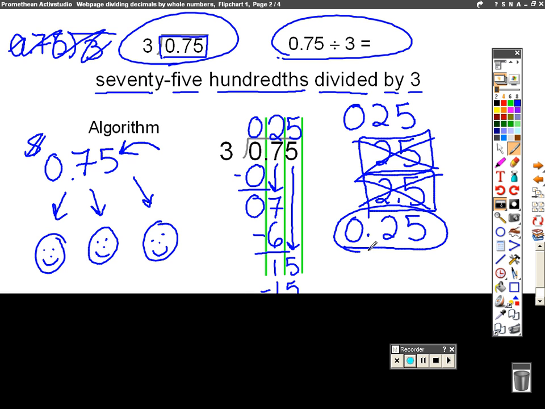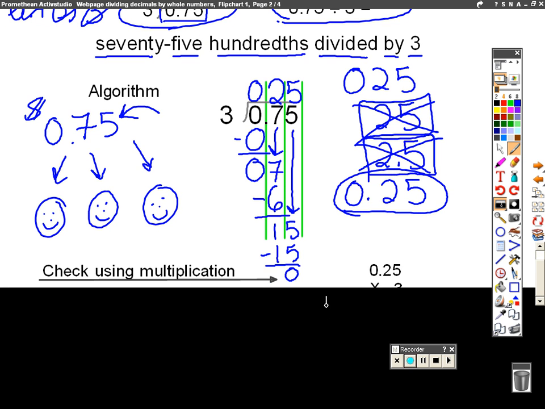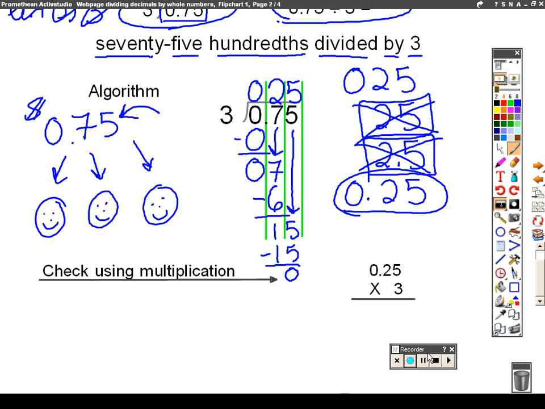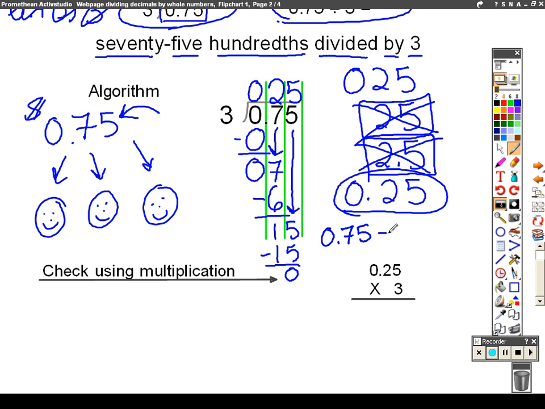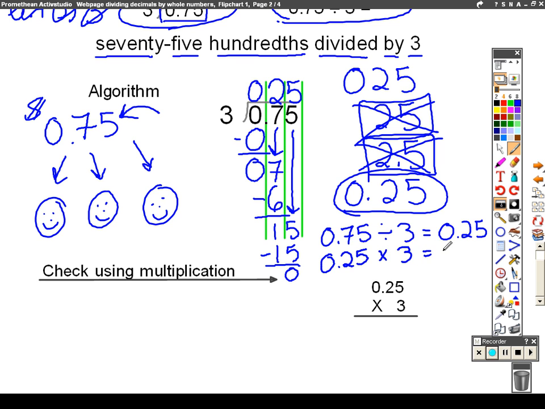Now, we can check our answer by using multiplication. What we're going to do is think back to your fact families. If it's true that 75 hundredths divided by 3 equals 25 hundredths, then I know that it's true that 25 hundredths times 3 will equal 75 hundredths. You have to think about that relationship between those 3 numbers.